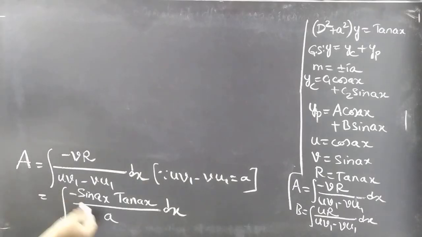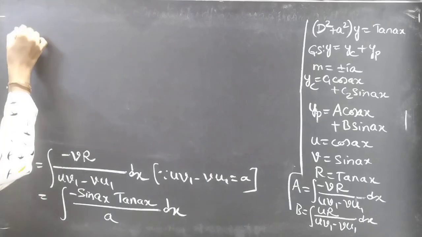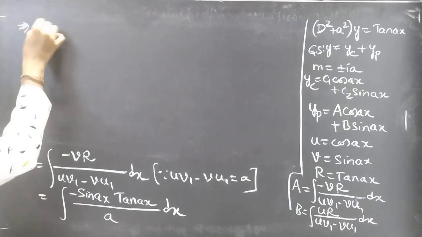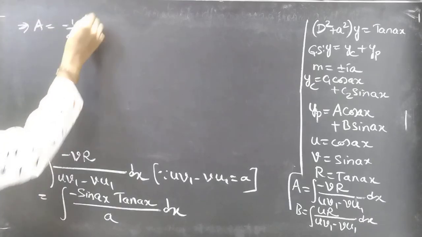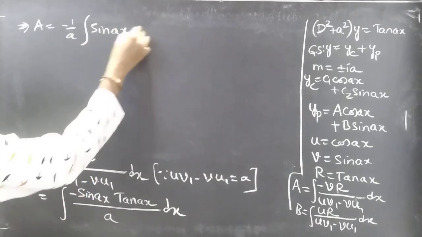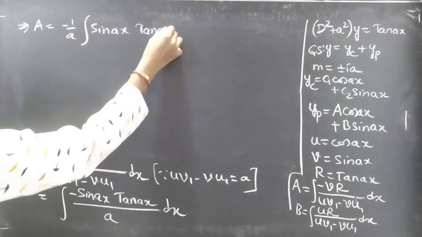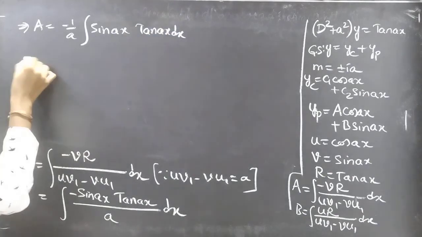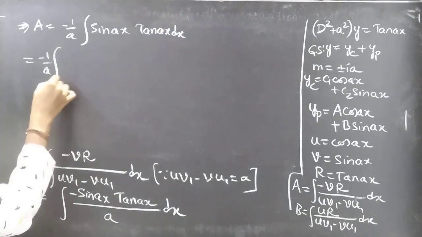Now we can take minus 1 by a outside the integral, then A becomes minus 1 by a integral sin ax into tan ax dx, which equals minus 1 by a integral.